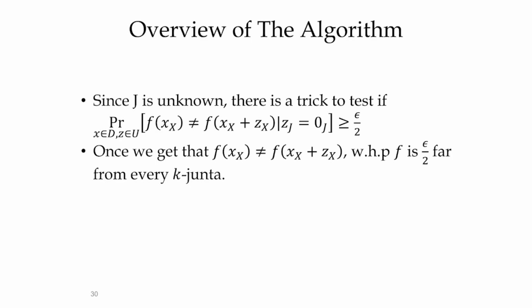If f is k-junta, then there should be equality, because if we change the values in the irrelevant areas, then it shouldn't make a difference. If there is an inequality, then soon we will see that with a probability, f is epsilon divided by 2 far from every k-junta.